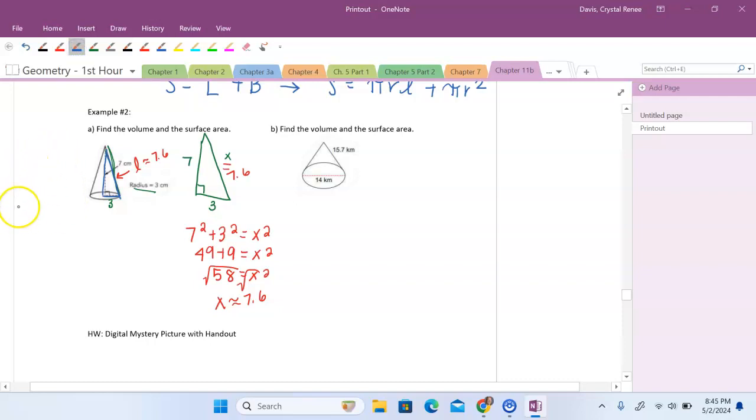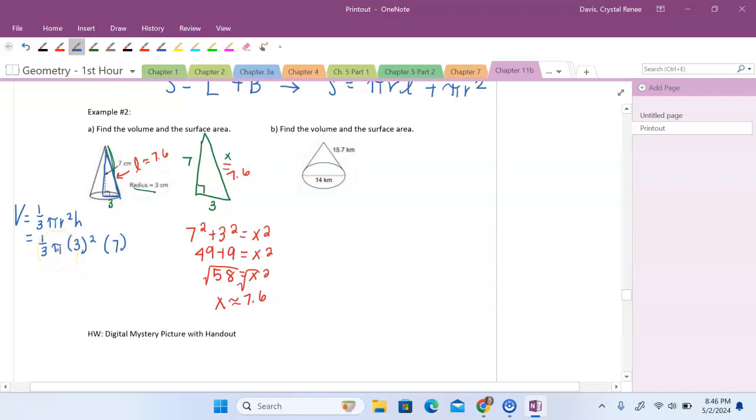All right, so let's do our volume first. Remember, our volume is 1/3 pi r squared times h. So here we have 1/3 pi, my radius is 3, so 3 squared, and my height is 7.